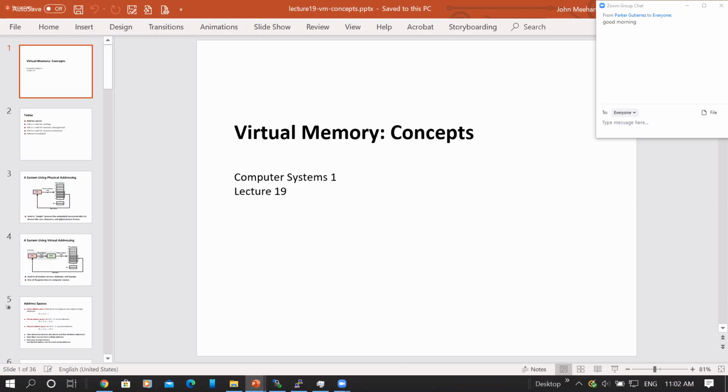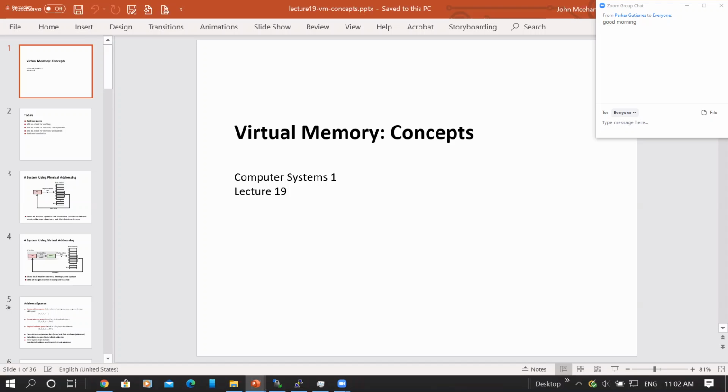This is an essential concept that you have to understand. And it's one of the sort of neater, slicker ideas that we've come up with for how to utilize these computers.